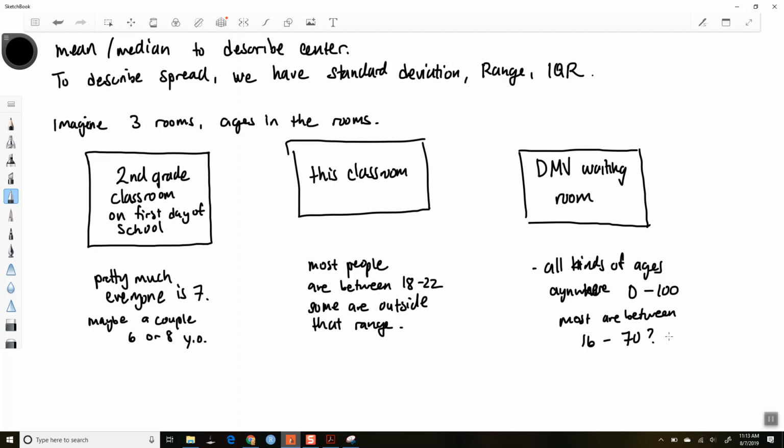Okay, and so if we had to describe spread, we would say very little spread for the second grade classroom. And for the DMV waiting room, we would say lots of spread, or very high spread.